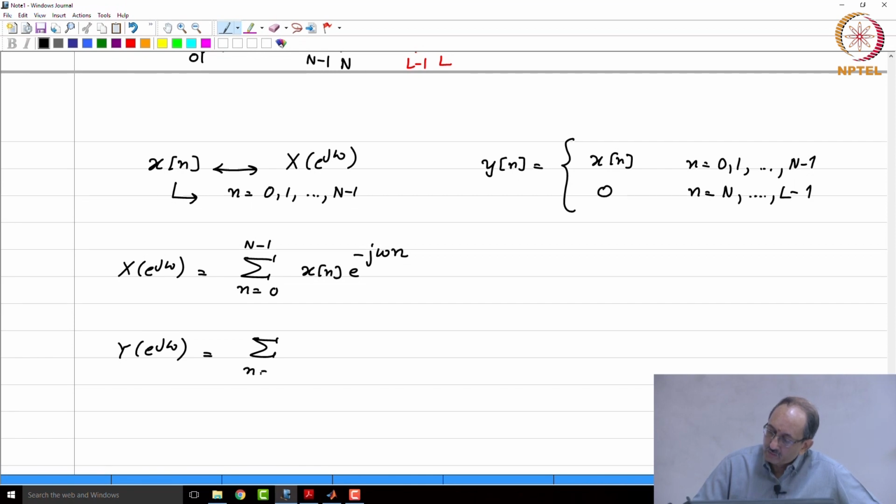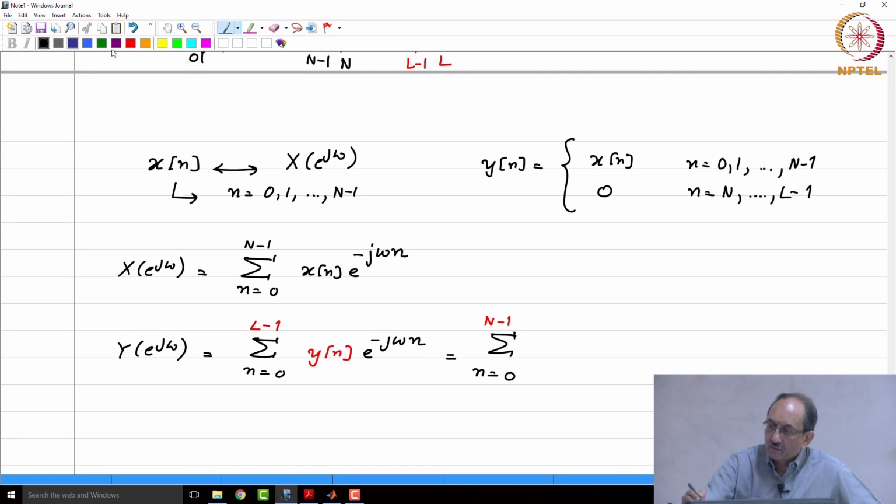So this is the sum over n going from 0 to L minus 1 of y of n e to the minus j omega n, and this is easily seen to be the sum over n going from 0 to n minus 1. Not only that, within this interval y of n equals x of n. So this is times e to the minus j omega n, and this immediately tells you that y of e to the j omega and x of e to the j omega are identical.